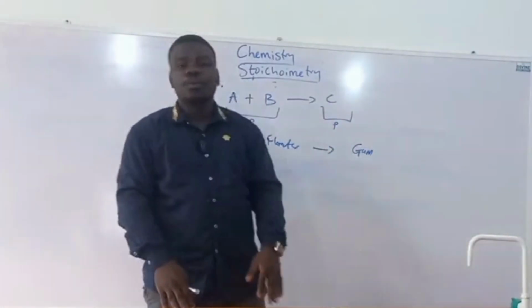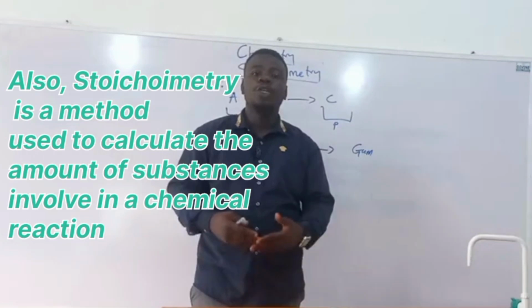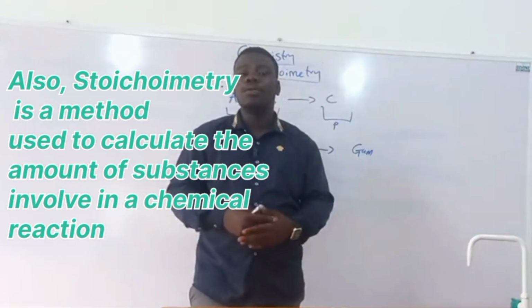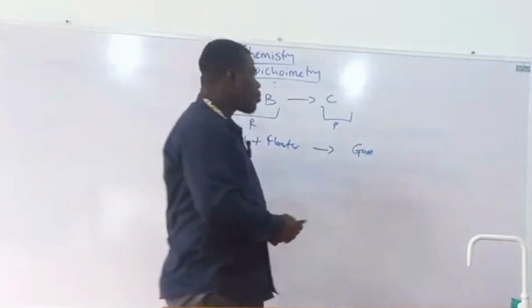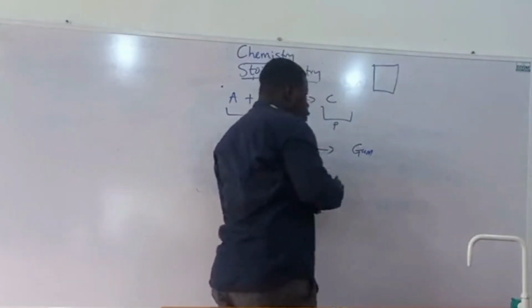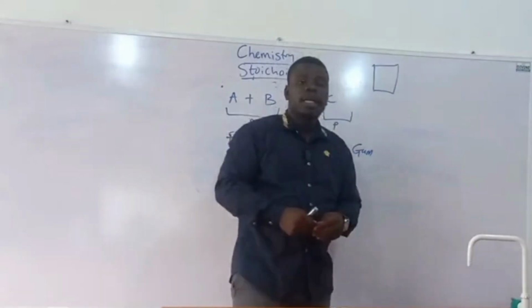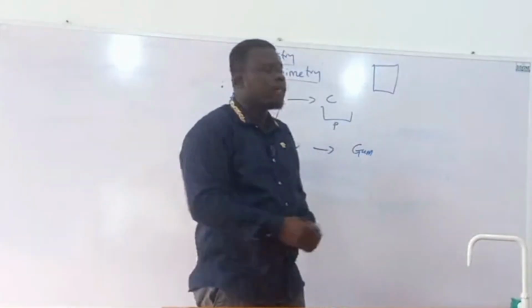Now also, stoichiometry can be defined as a method which we use to calculate the amount of substances in chemicals. For example, let's assume that we are given a box and you are asked to calculate the number of items in this box. How do you go about it?